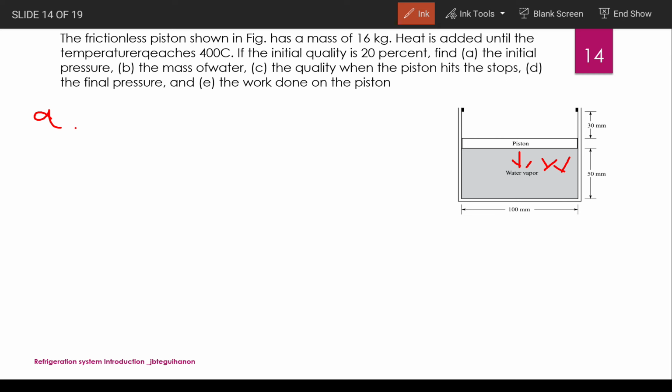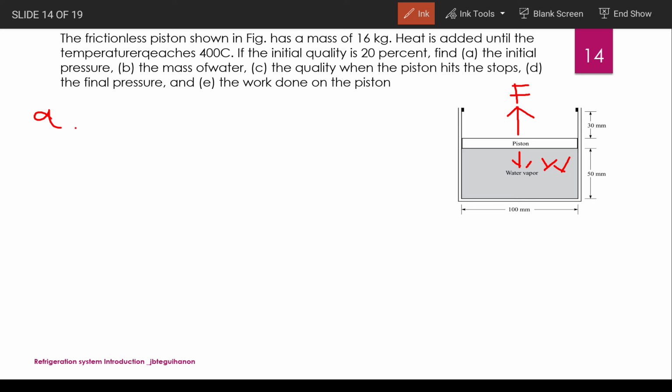The force F is produced by the pressure of the water when you heat it. And then we include, of course, the atmospheric pressure.